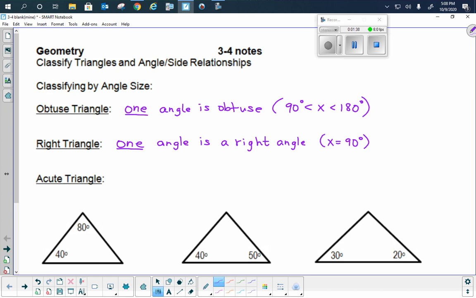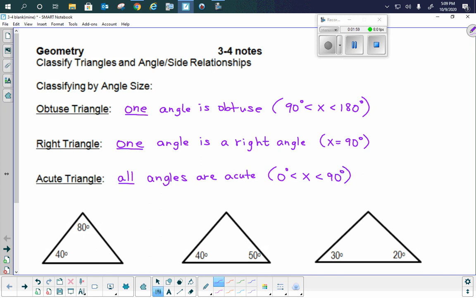Okay, and then an acute triangle, this one changes. In an acute triangle, all angles are acute. And remember, acute means that your angles are somewhere between 0 and 90 degrees.